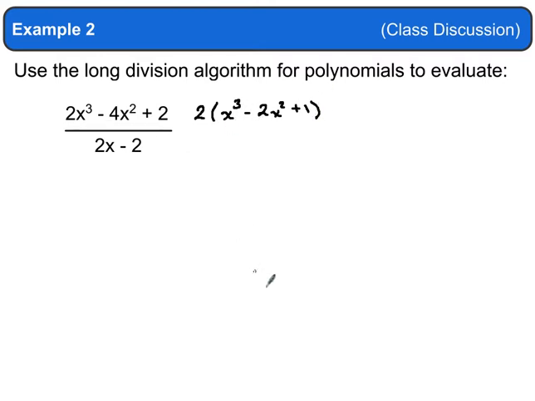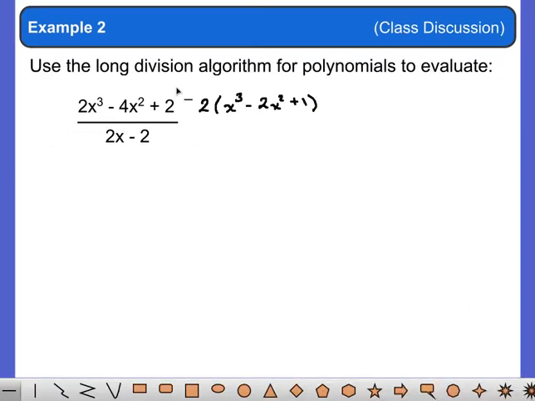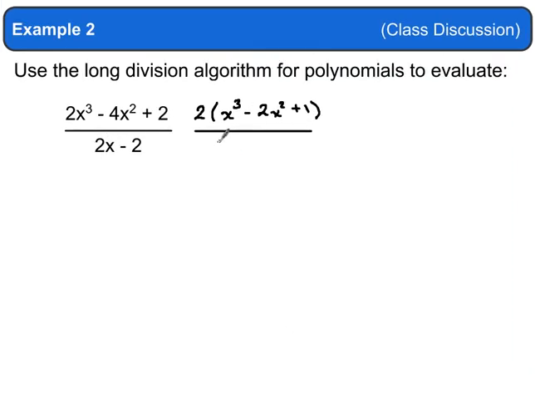Now, if I look at the denominator, let's put our division bar, and I notice there's a greatest common factor of a 2 in the terms here. So then I'm going to get x minus 1. The reason why it's neat to observe this is now these 2's can cancel.